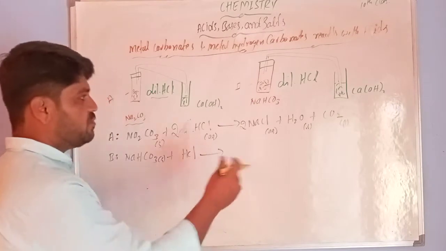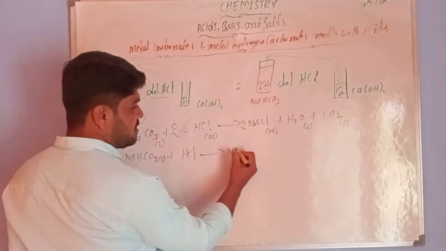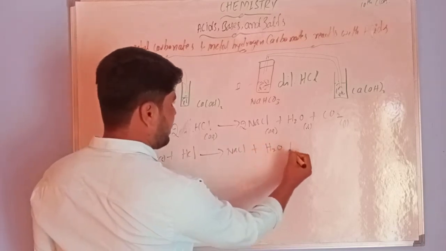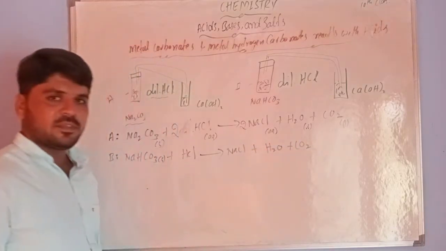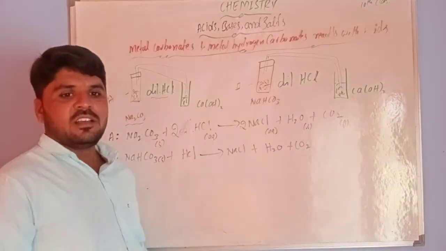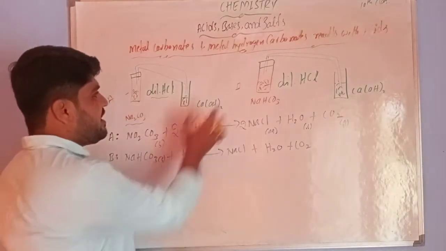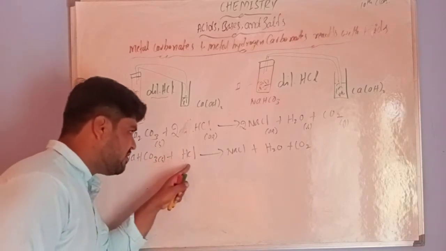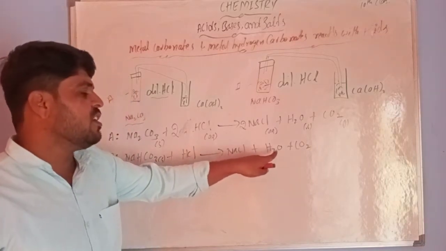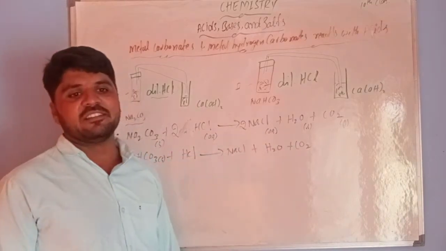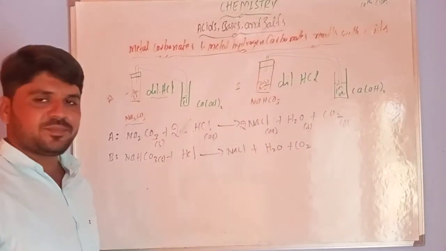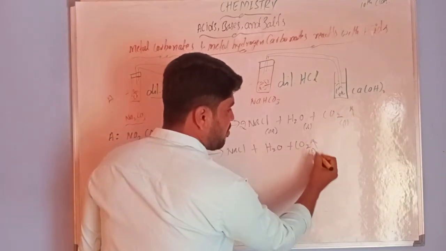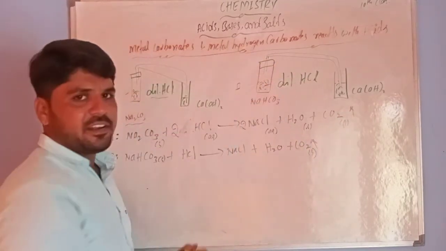Here also we observe NaCl as the salt product, and H2O and carbon dioxide. This is the reaction of test tube B. That means metal hydrogen carbonate reacts with acid, which produces water and carbon dioxide. This is in gaseous state. The upward arrow mark represents that this gas escapes.